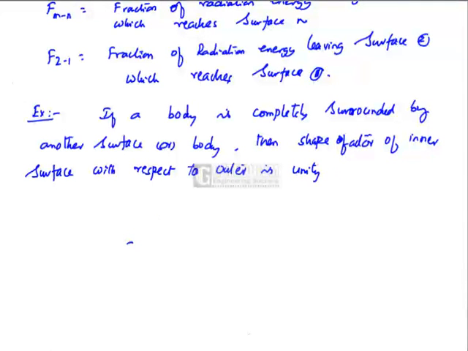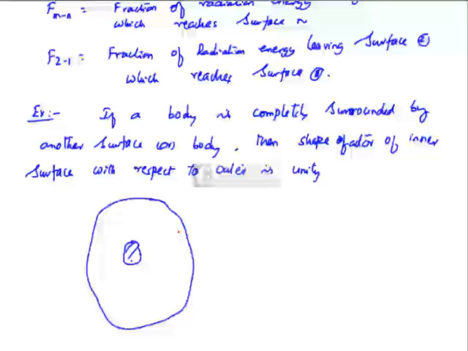For example, I have taken a small body. It is completely surrounded by the outer surface. This is inner, this is outer, 1, 2. F12 is equal to 1. The shape factor of the inner surface with respect to the outer is 1 if the inner surface is completely surrounded by the outer one.